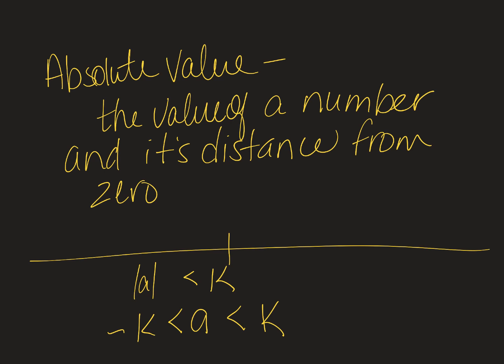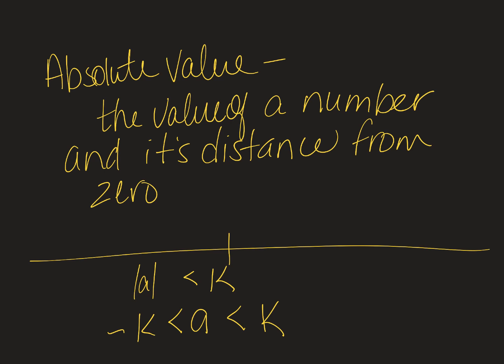Now, using that same idea, the inequality of the absolute value of A is greater than K states that A is more than K from the 0 mark on a number line. Because A can satisfy the absolute value inequality as written, the solution includes both intervals.